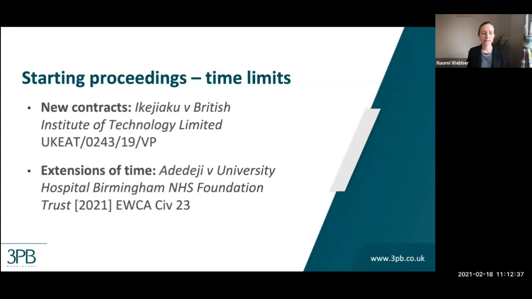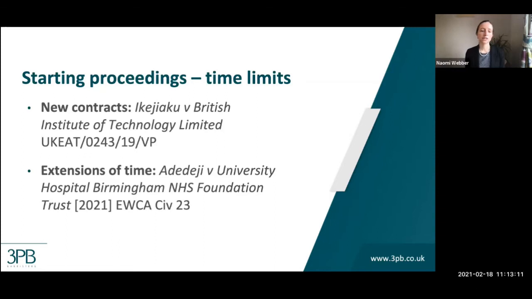The particular factors in Section 33 are the length and reasons for the delay, the extent to which cogency of evidence is affected, the extent to which the respondent or the defendant who's being sued has cooperated with requests for information, the promptness with which the claimant acted once he or she knew of the facts that gave rise to the cause of action, and any steps taken by the claimant to take prompt professional advice at that point.